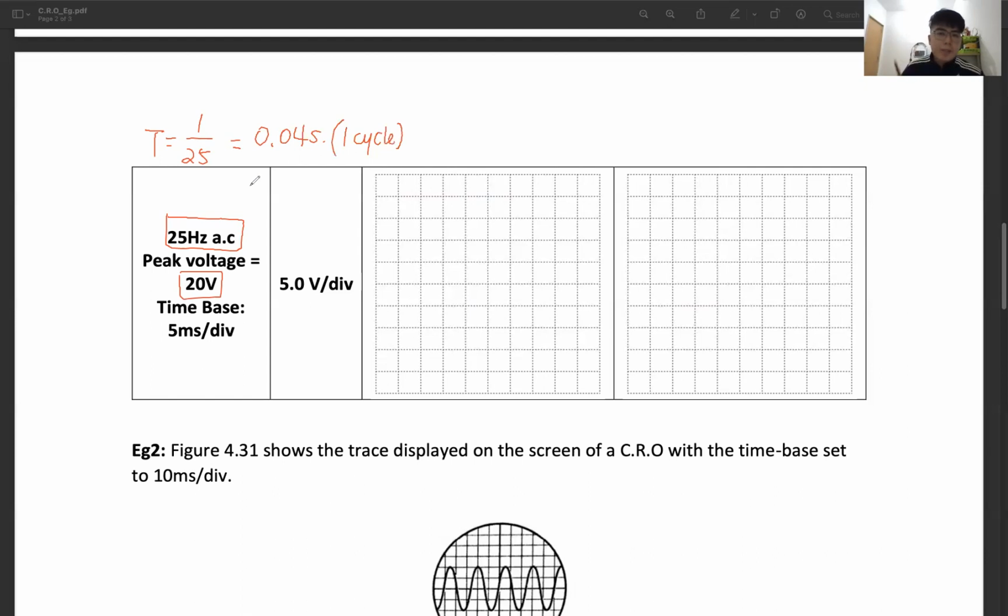I want to find how many boxes. Since I'm using a scale of 5 millisecond per division, I divide it.